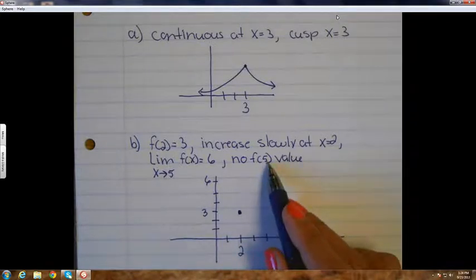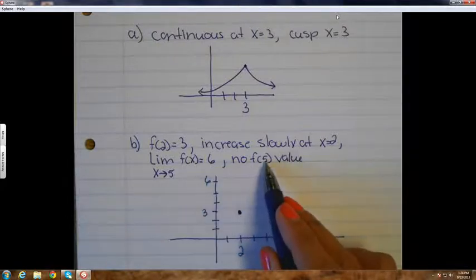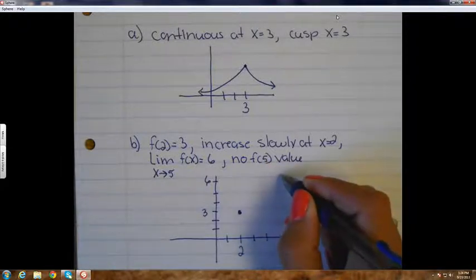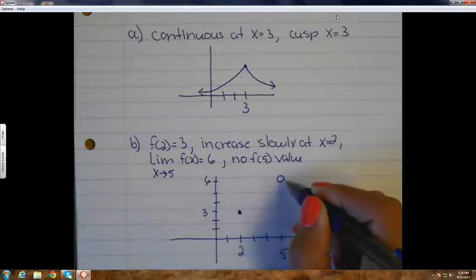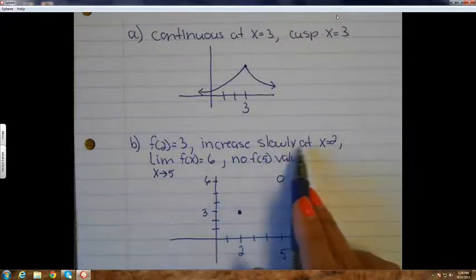So what do you think's happening there? I have to have a limit, but I have no point. So what's happening in the graph there? Hopefully you could come up with, there's a hole there. Because the hole lets you have the limit, but no value. Now I've got to increase slowly through 2.